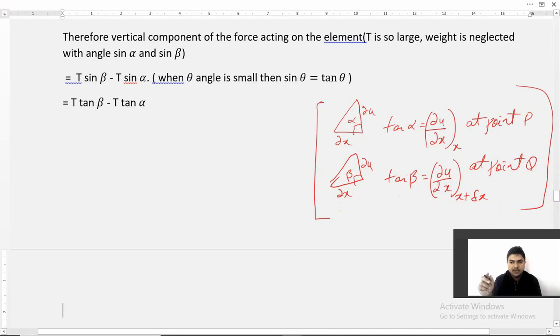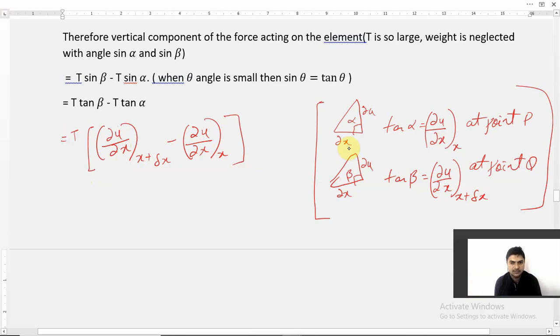So these two values I am going to substitute. The same way we have already derived in the previous lecture while deriving the heat equation, we are going to solve this derivation. Now I am going to substitute this equal to T, friends: T times dou u upon dou x at x plus delta x minus dou u upon dou x at x.